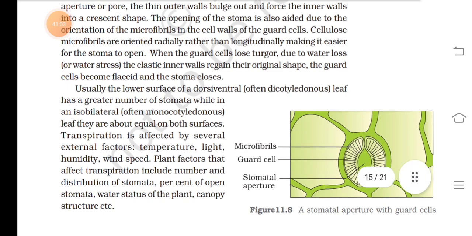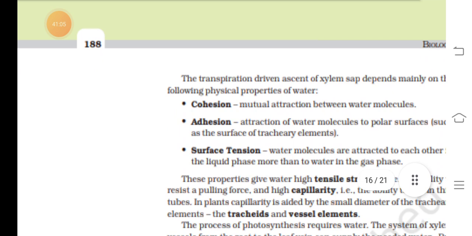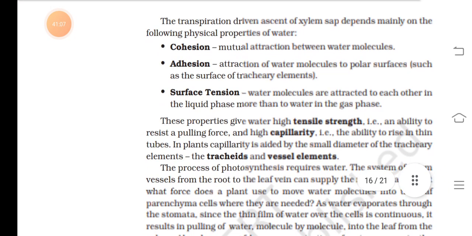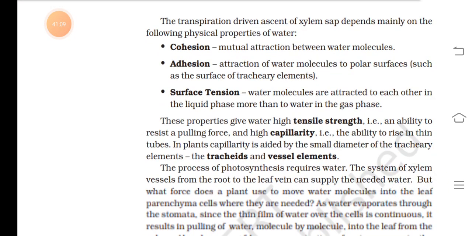canopy structure, etc. The transpiration-driven ascent of xylem sap depends mainly on the following physical properties of water: cohesion, mutual attraction between water molecules; adhesion, attraction of water molecules to polar surfaces such as the surface of tracheary elements; surface tension.